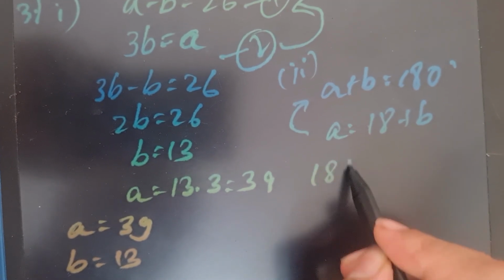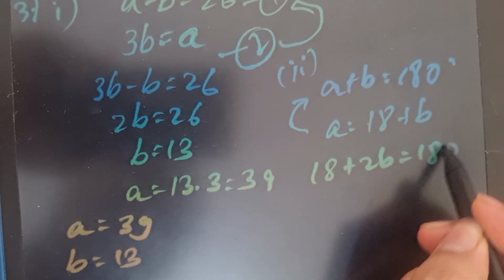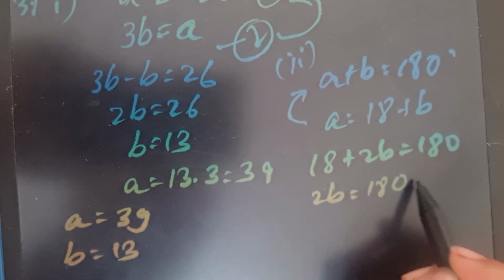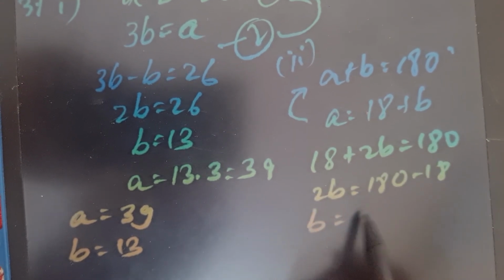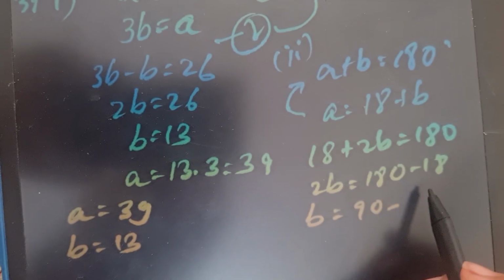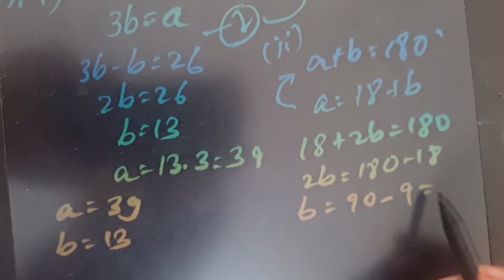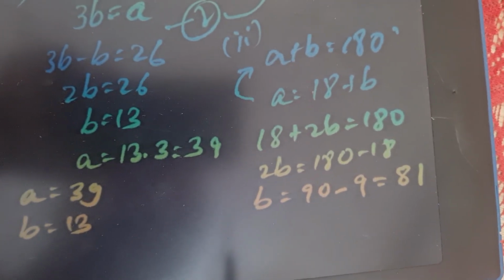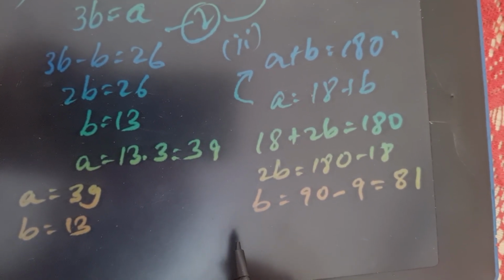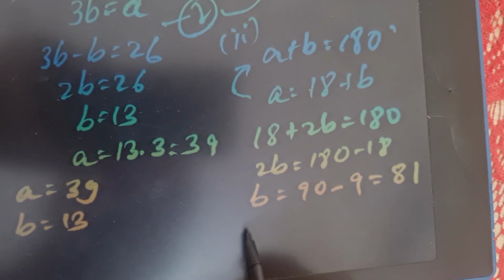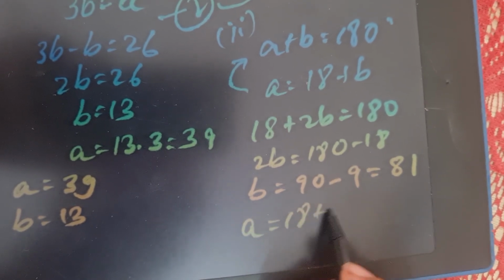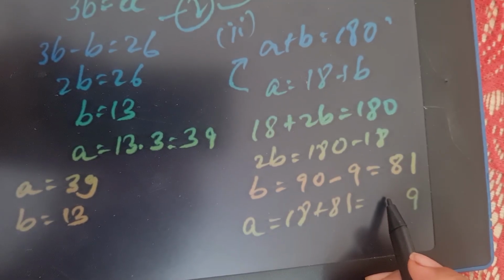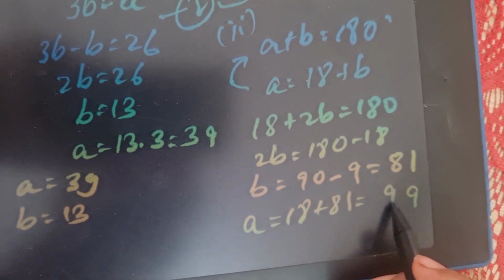So 18 plus 2b is equal to 180. 2b is 180 minus 18, which is 162, so b is 81. a is 18 plus 81, hence it is 99.